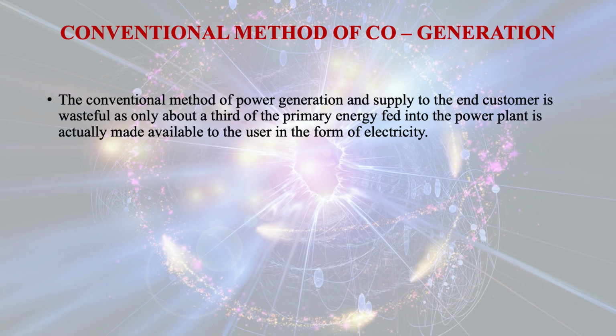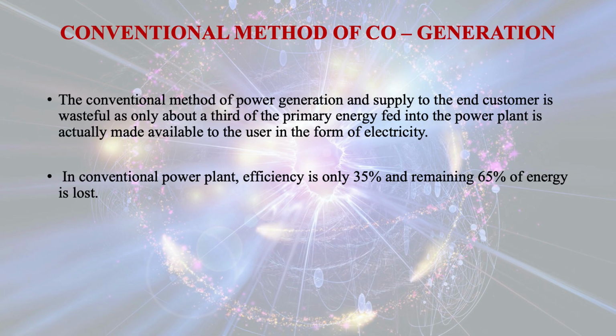The conventional method of power generation and supply to the end customer is wasteful, as only about a third of the primary energy fed into the power plant is actually made available to the user in the form of electricity.